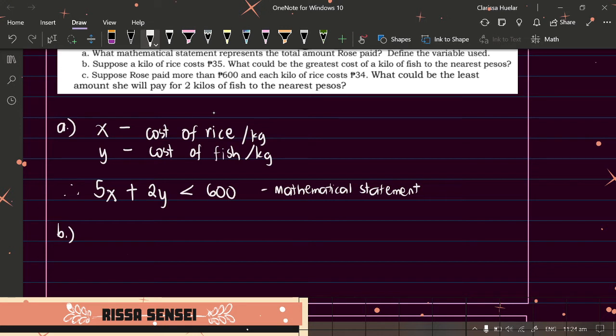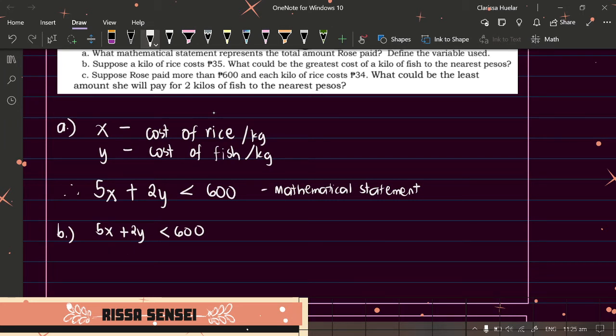We will be using the mathematical statement, kaya siya inuna, because you cannot answer letter B without answering letter A. So, ayan. 5x plus 2y less than 600. Ang sabi, paano kapag 35 pesos ang isang kilo ng bigas? Magkano kaya yung pwedeng cost ng kilo ng isda?